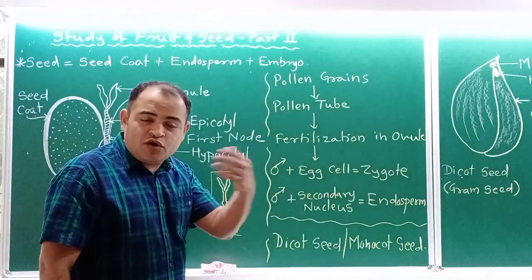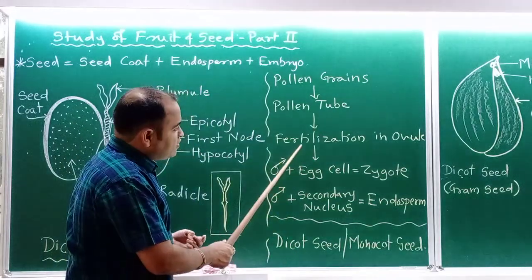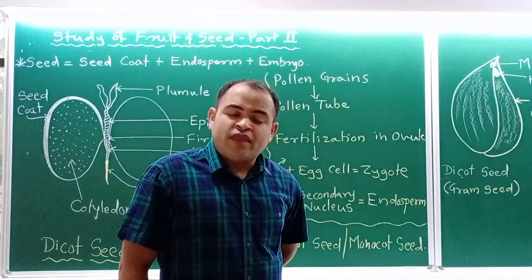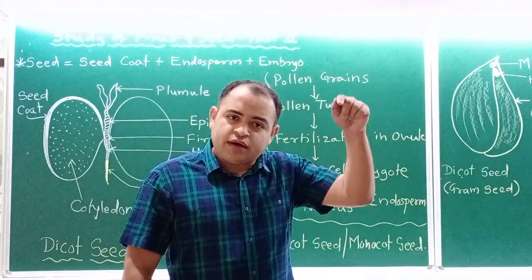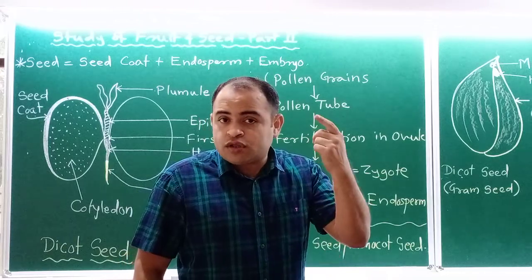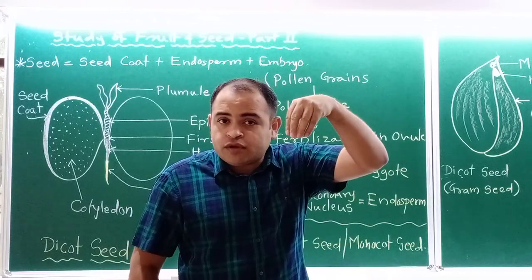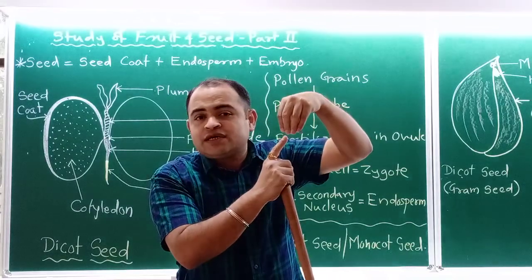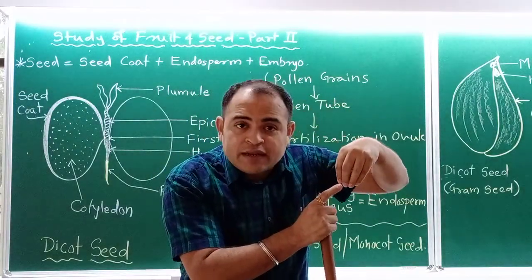I need not say how the pollen tube is formed. Then fertilization in the ovule, when that pollen tube reaches the micropyle. Try to recall the structure of the anatropous ovule. The end through which the pollen tube passes is called the micropyle.